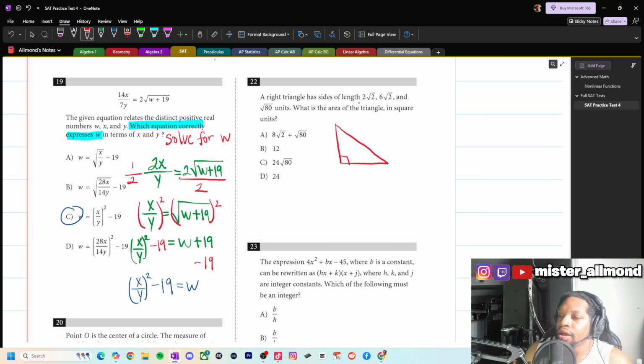I'm going to make sure that whatever is the largest of the three is going to be my hypotenuse. So the square root of 80, what's the best number to use? 20 times 4. There's a lot of options, but I'm going to just do 20 times 4 for right now.